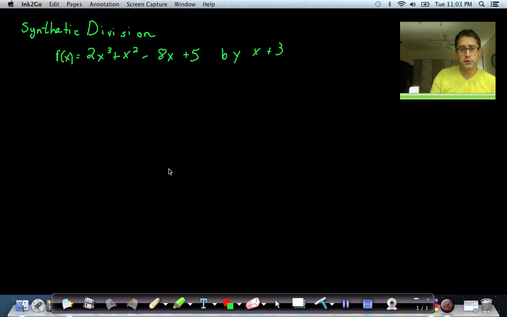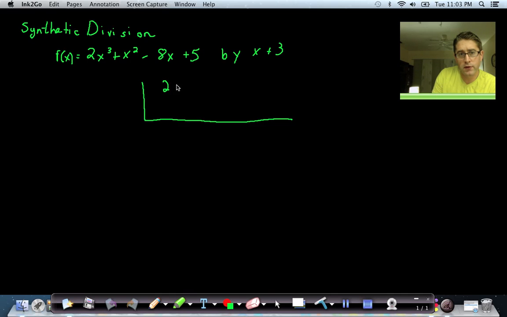All right, so I'm going to get my pen lined here. I make a big old box, just like we did with synthetic substitution. It's the same process. So the first thing is, let's just write every coefficient right here.